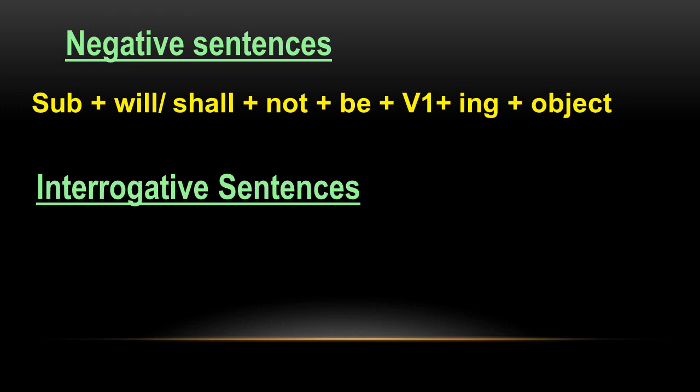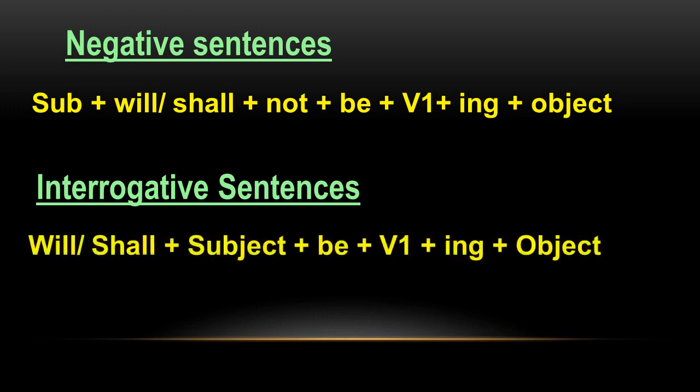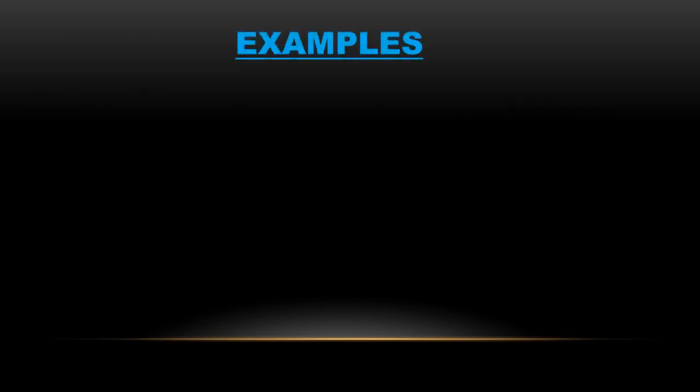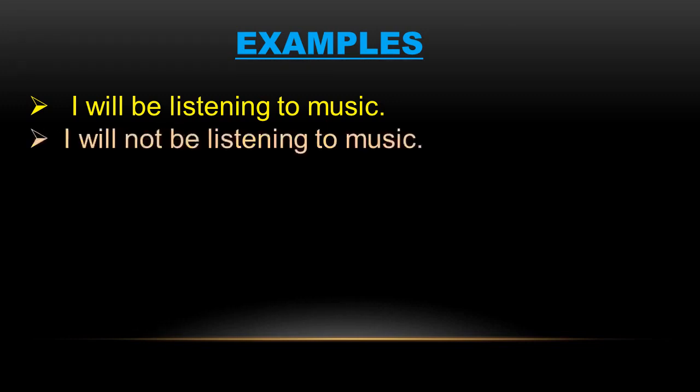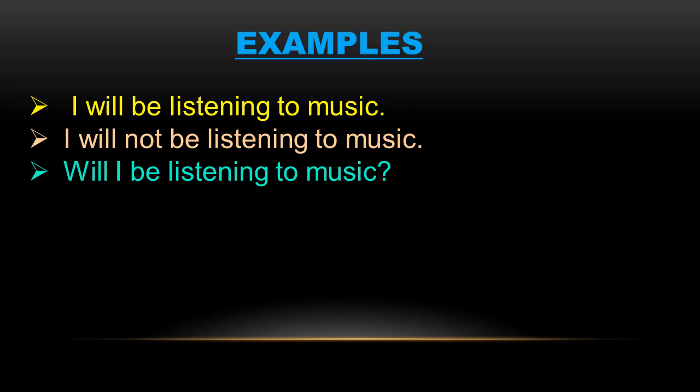For interrogative sentences we have will or shall plus subject plus be plus first form of the verb plus ing plus object. Now let's see a few examples of this tense. First, I will be listening to music. For negative, after the auxiliary not will be added. I will not be listening to music. For interrogative, the auxiliary will come forward.